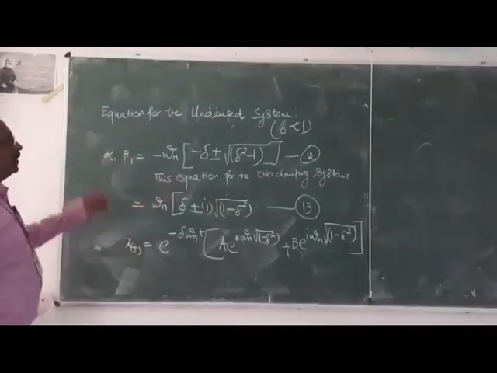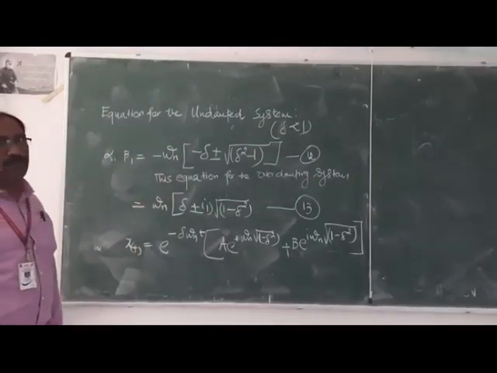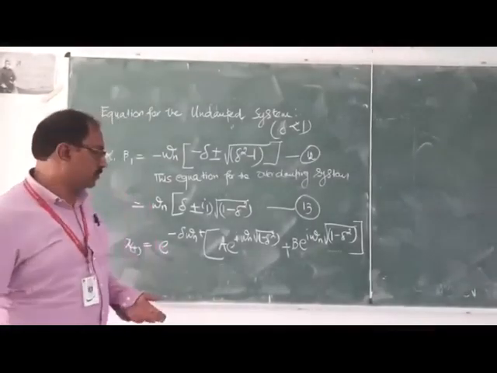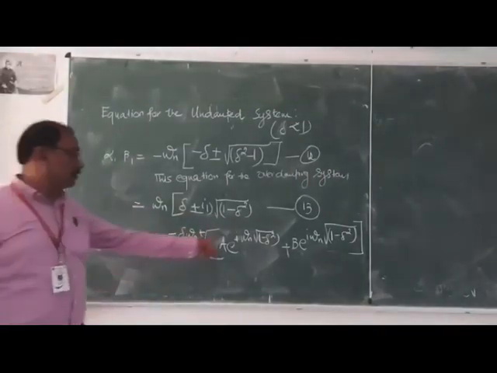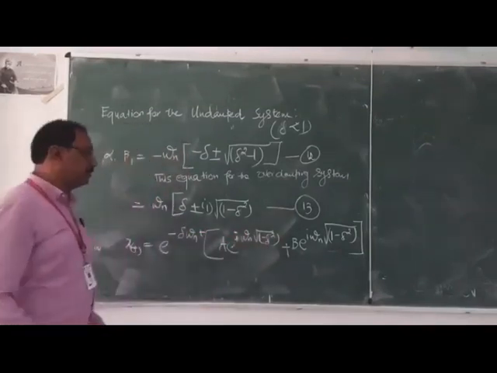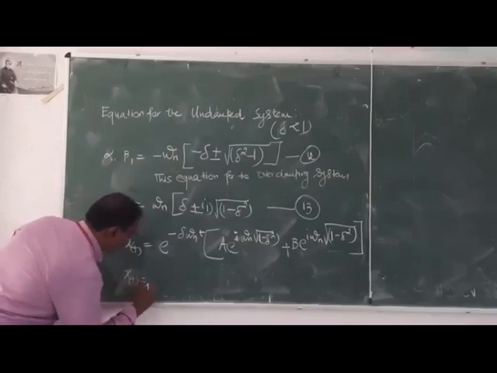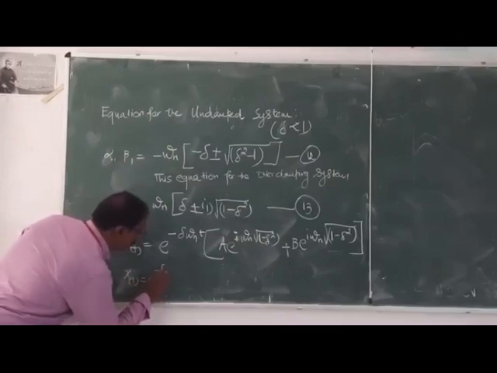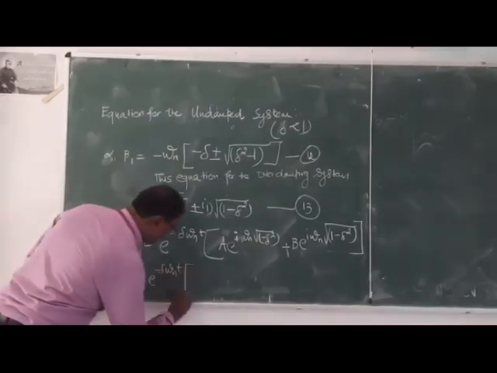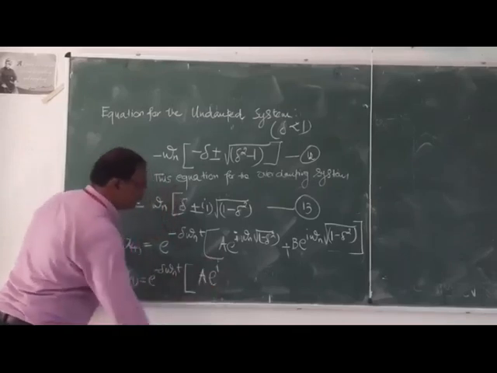The equation for the underdamped system is what we already assumed in the previous one. It is imaginary and complex, because i is an imaginary number. So x of t is e power minus rho omega n t, e power i.